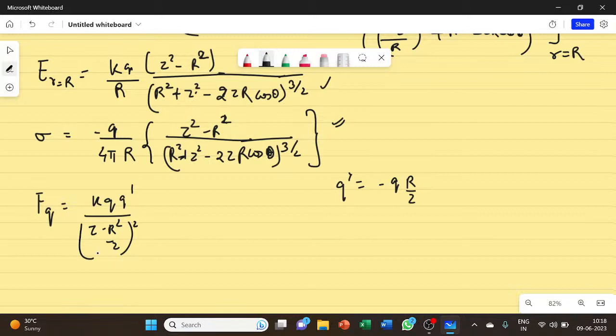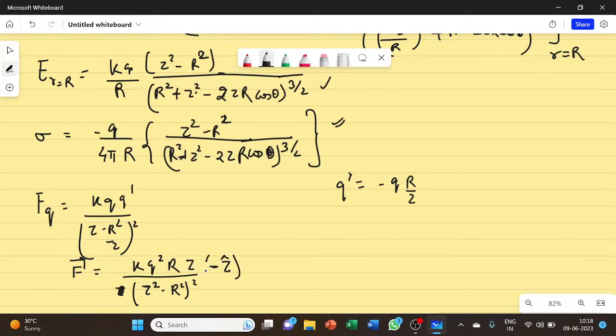So instead of writing minus q, I'll simply write that the force vector would be in the negative z direction. So it will be equal to k q square r upon z, and then z square minus r square whole square divided by z square. So this z will get cancelled, and this will be in the negative z direction.